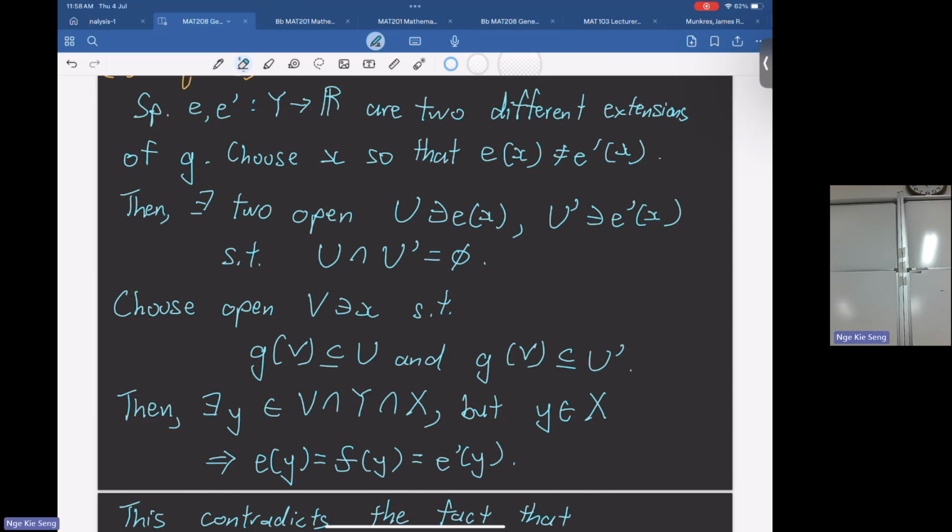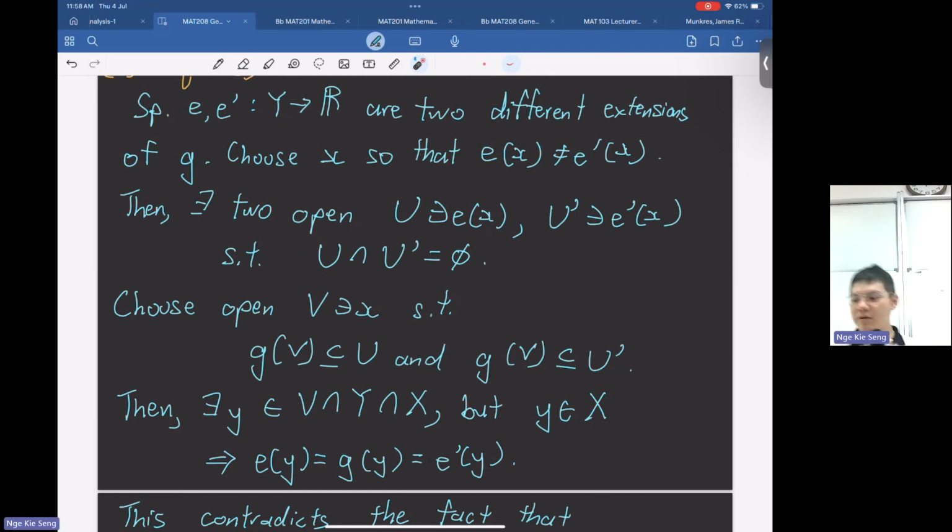Some point in X. But if you have some point in X, what happens? This is an extension of G, so they should evaluate to the same value at this point. But this contradicts that we picked U and U prime with empty intersection.